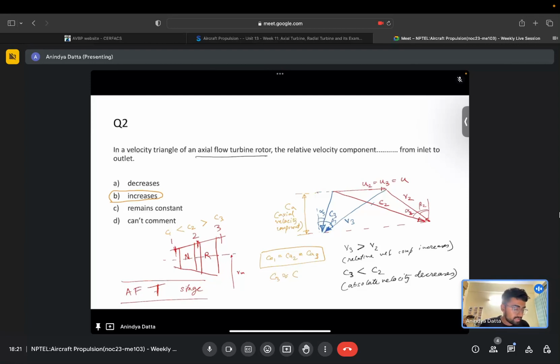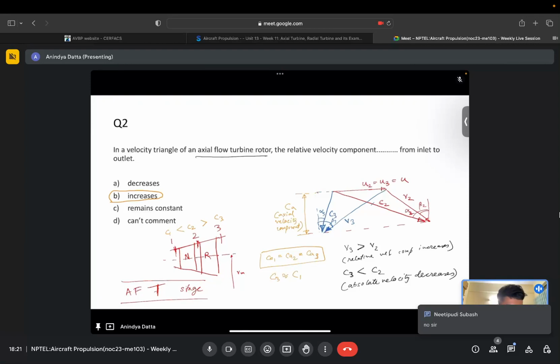So the same stage is a unit that gets repeated, and we can have a number of stages depending on the pressure drop required across the turbine. Okay, anything else? Okay, thank you, let's move on.